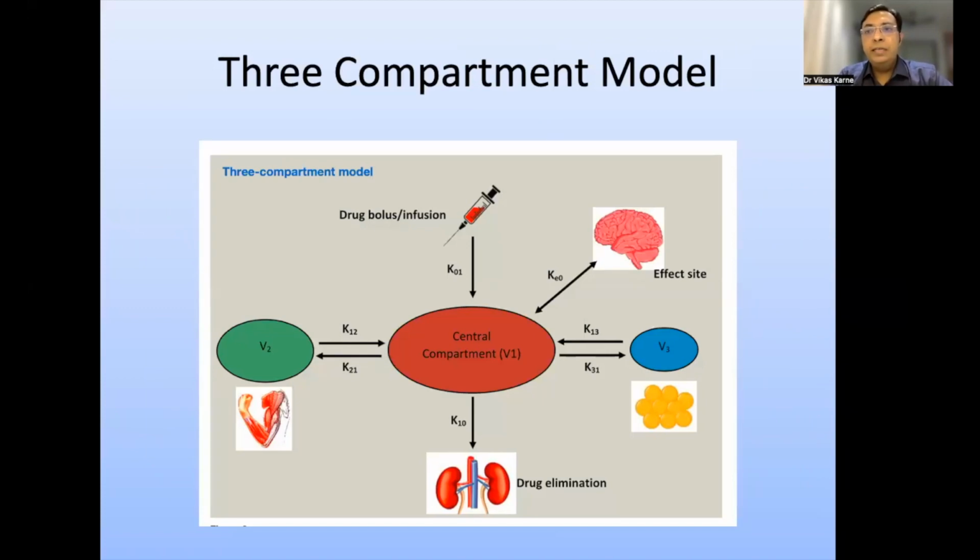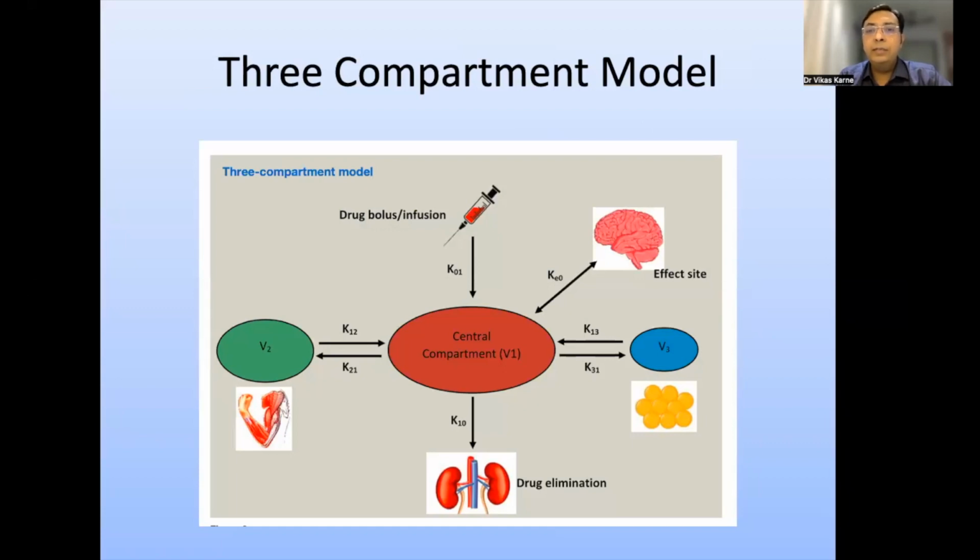Before we move ahead, we need to understand something called the three-compartment model. When we inject these intravenous agents into the bloodstream, they get distributed into the central compartment, that is plasma. It goes to the muscles, which is the second compartment, and to the fat, which is the third compartment. And we need to achieve equilibration before it reaches its peak in the brain. The brain here is defined as the effect site, and the plasma is the central compartment.